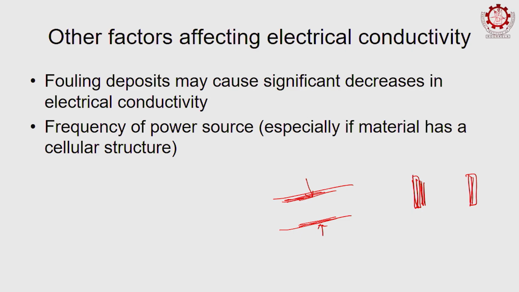The frequency of the power source also matters. The line frequency in the US is 50 or 60 hertz. Can the frequency increase to 100 hertz or 120 hertz? Those also affect the electrical conductivity values.